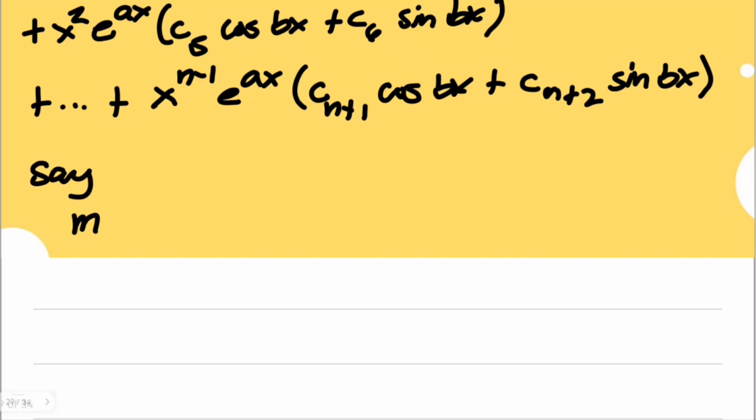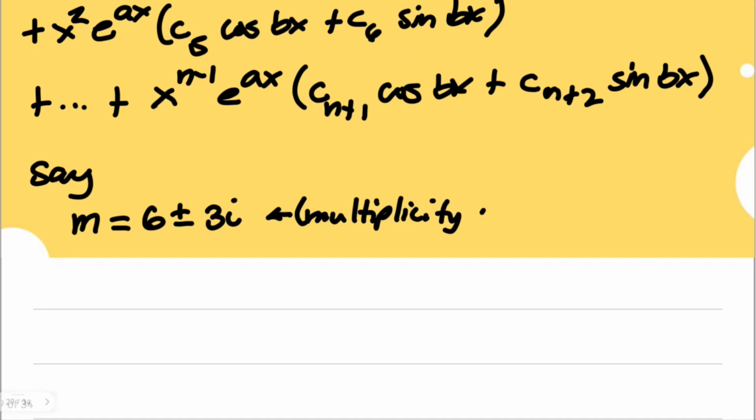Let's say our m is equal to 6 plus minus 3i. And let's say we have multiplicity of 2, okay? Meaning we solve the auxiliary equation, but we have shown that this has multiplicity of 2.